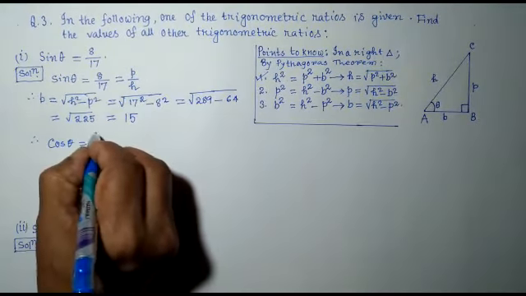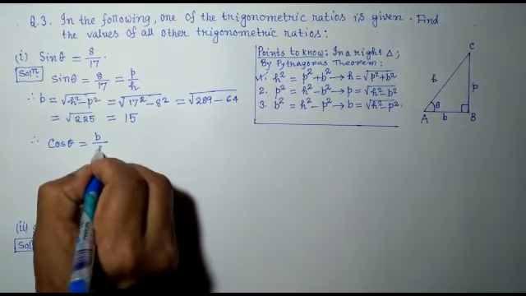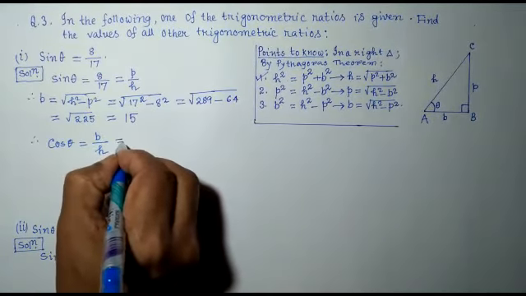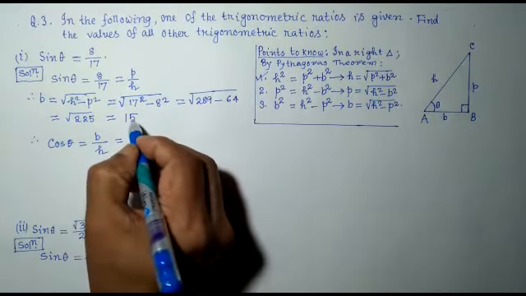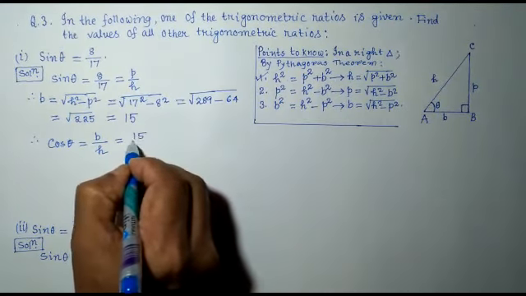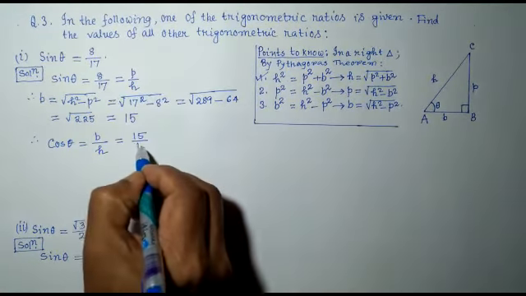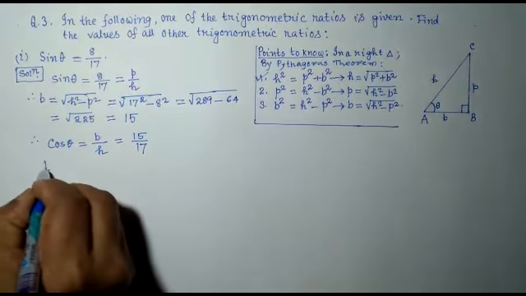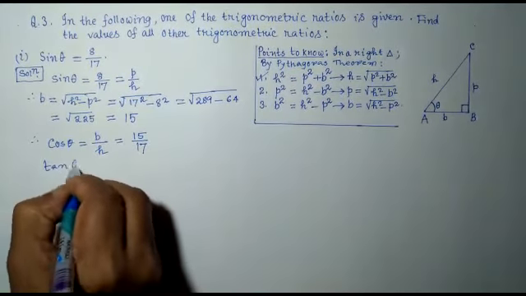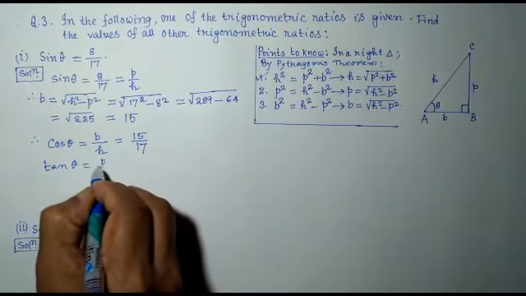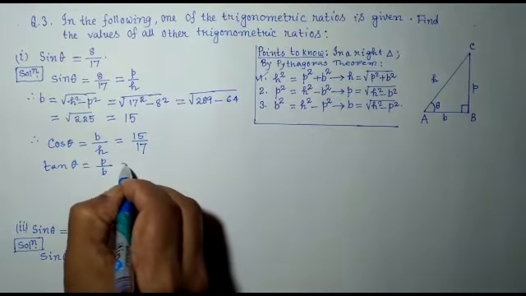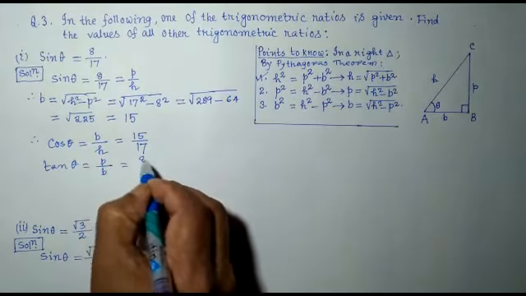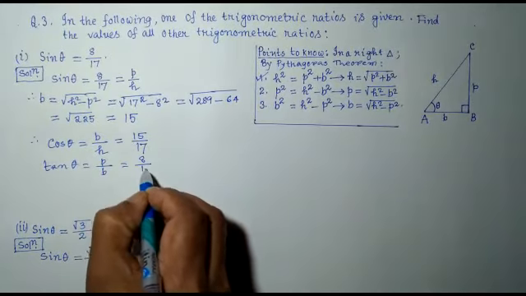Base by hypotenuse. We have to remember the formula. What is base here? 15. What is hypotenuse here? 17. And then think for tan theta. What is the tan theta formula? Perpendicular by base. So perpendicular is 8 and base is 15.